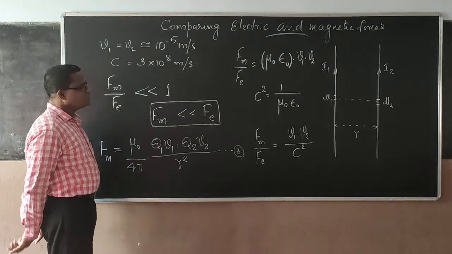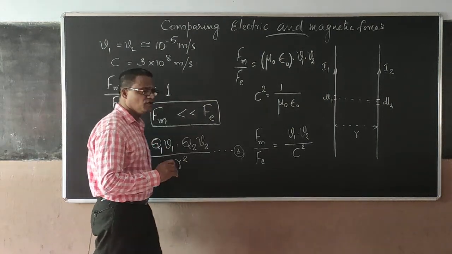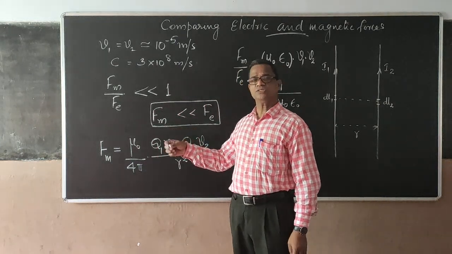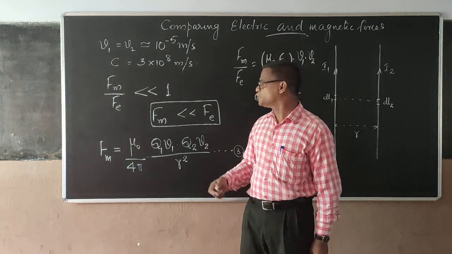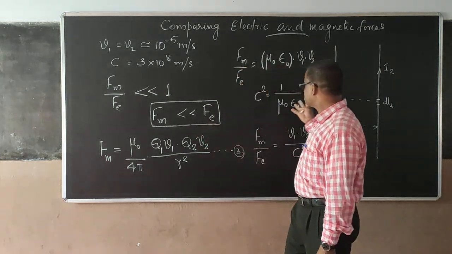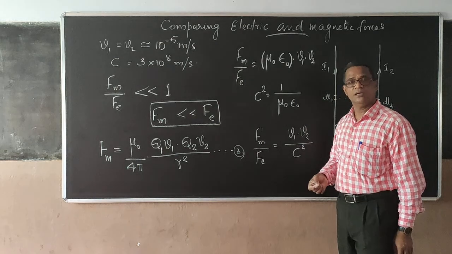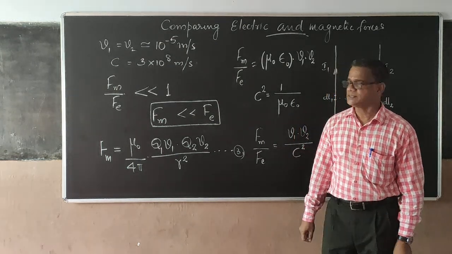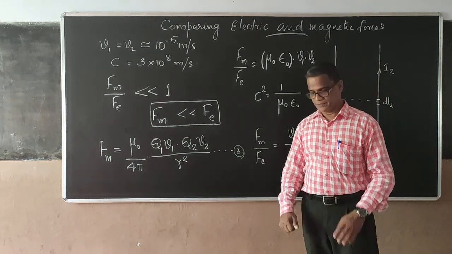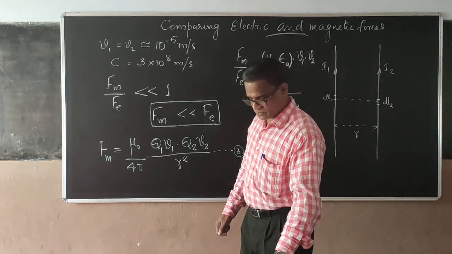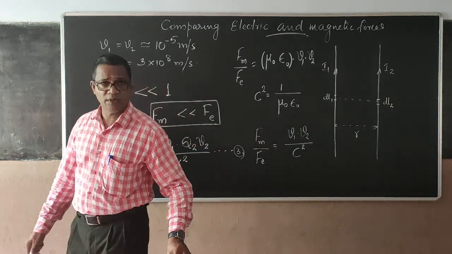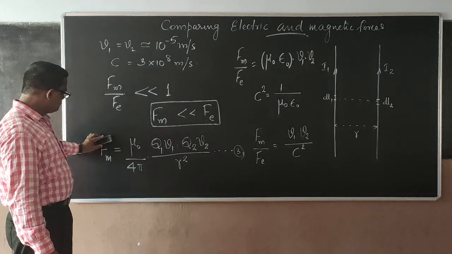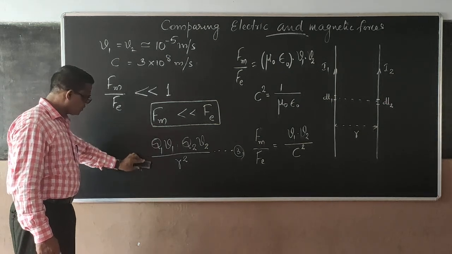But here comes the problem again. A question will be there, right? Even though the magnetic force is very, very small compared to the electric force, in the case of parallel wires carrying current, effectively no electric force is seen between the conductors. What is the reason? Though both have current flowing through them, no electric effect is seen. The reason is simple.